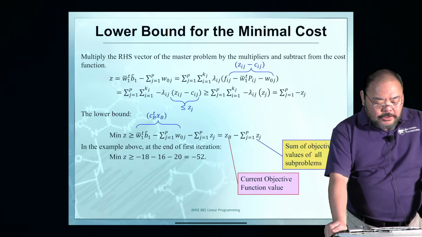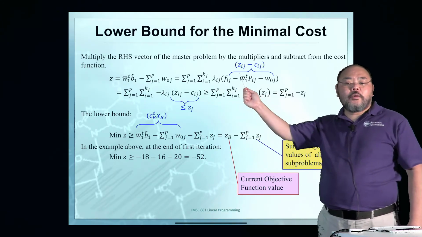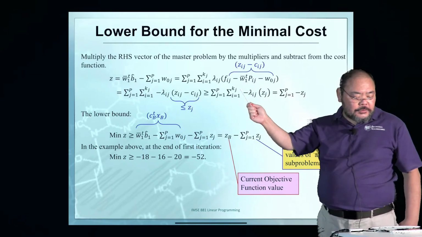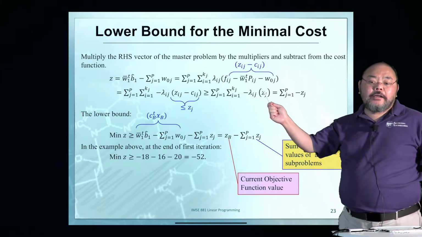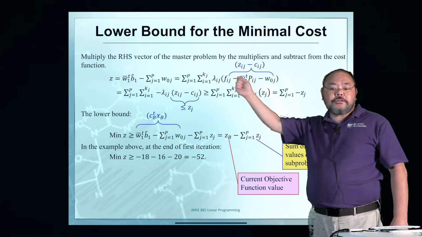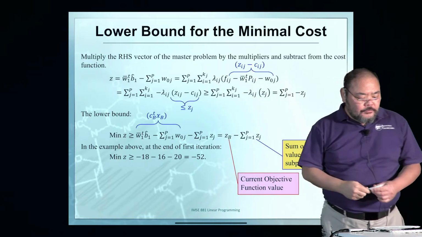And the Fij minus omega 1 transpose times Pij minus omega 0j, and that's the zj minus cj for my objective function.